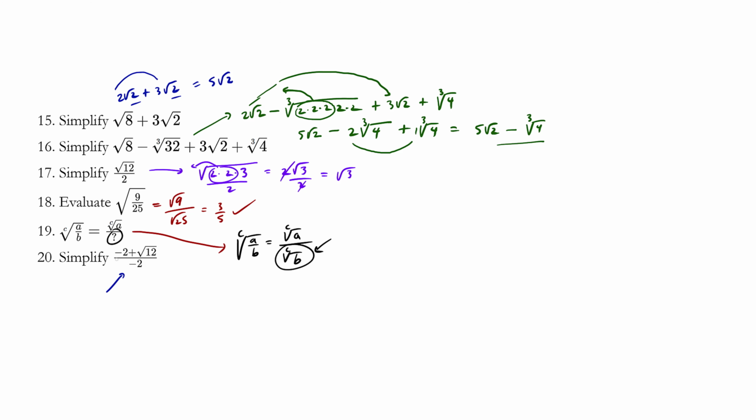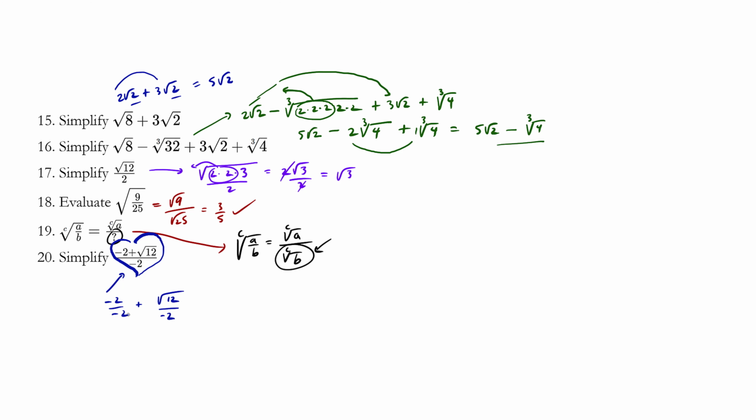Now finally, this here is the heart of love. So simply break it apart to this part and this part here. We have negative 2 divided by negative 2 is 1. You can skip that step if you want. And if you focus on this part here, we're adding the second part, which is root 12 over negative 2.